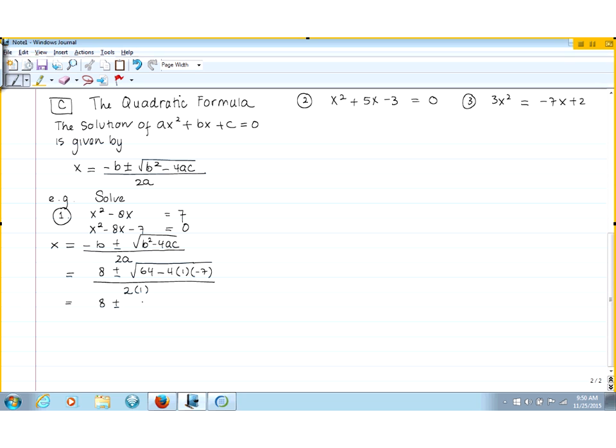So this is 8 plus or minus the square root of 64 plus 28. What is 64 plus 28? 92, over 2. Now we have to simplify the square root of 92, if possible.